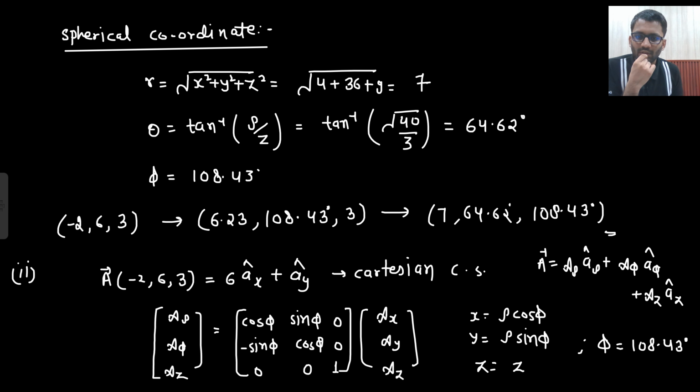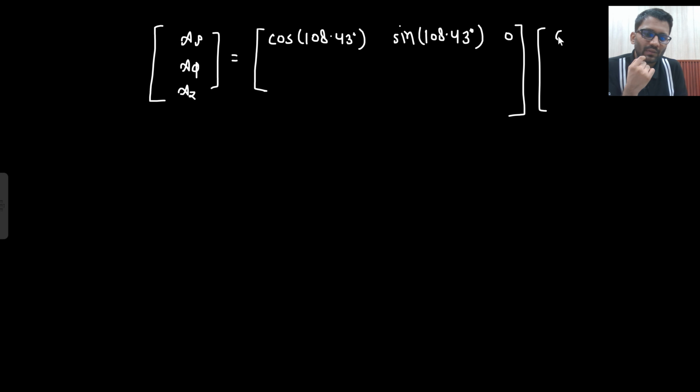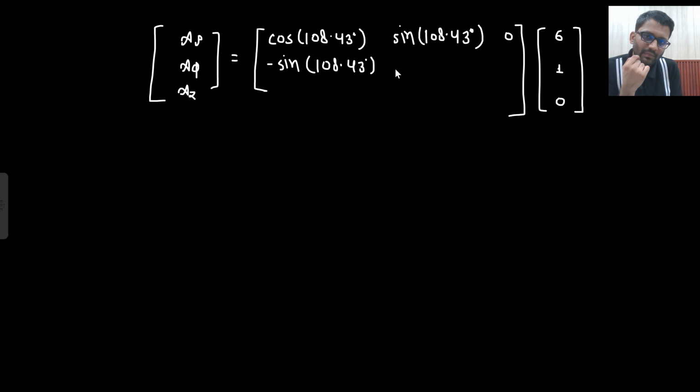What is the value? 6, 1, 0. And then simply the differentiation. So here minus sign will come. Here positive sign will come. Okay. So if you solve it, what are you going to get? A rho equals to.